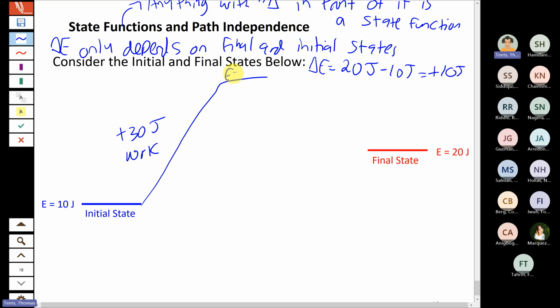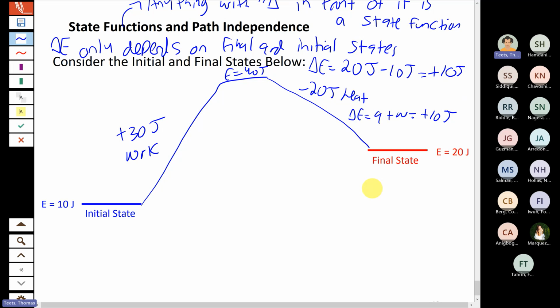That would get us to a state where we have energy of 40 joules, but at the same time we're losing 20 joules of heat. So delta E in this case would be Q plus W, which is plus 30 minus 20, still plus 10. That's one way to get from our initial state to the final state.